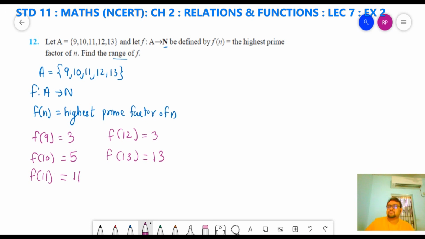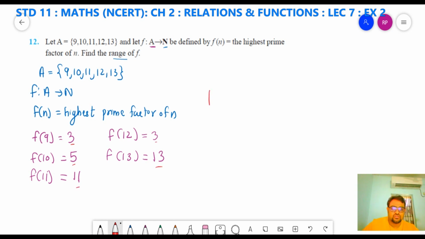Clear? So these are the highest prime factors of n, where the value of n, as it is from A to N, I can take only these values: 9, 10, 11, 12 and 13. So what did we get as a range? These are all the images, okay, and that is the range.